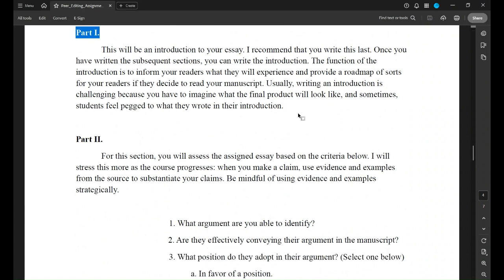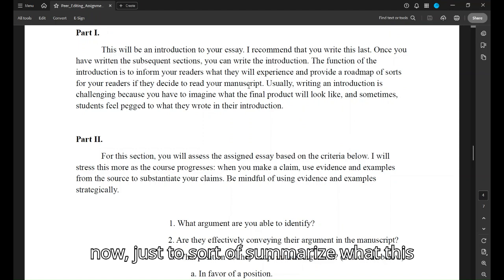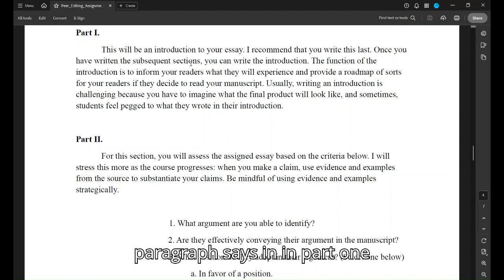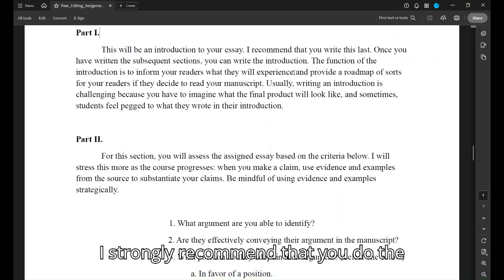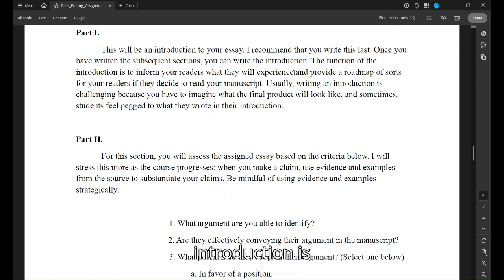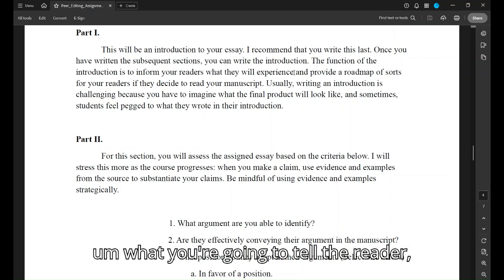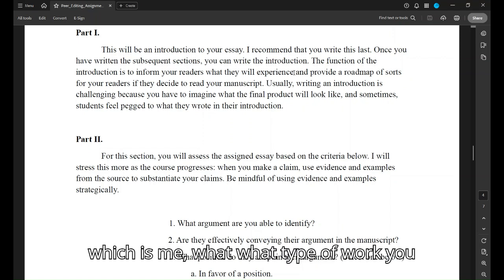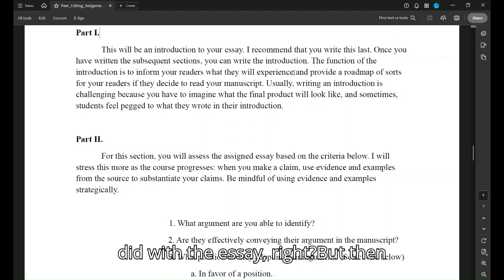Now, just to summarize what this paragraph says in part one, I strongly recommend that you do the introduction last, because the introduction is what you're going to tell the reader, which is me, what type of work you did with the essay. It also works as a roadmap.